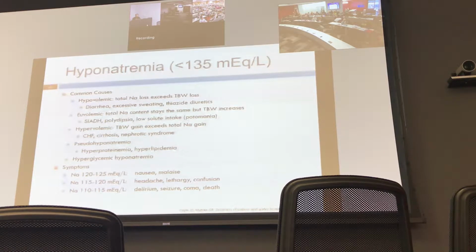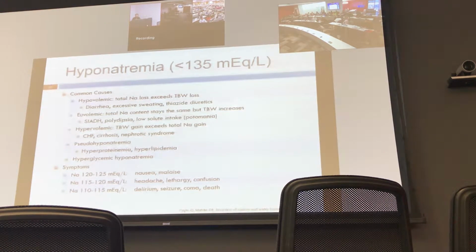So you freely reabsorb your water, and you concentrate your urine to have a lower amount of urine output and maintain that water. So again, caused by a number of things. The treatment for it is actually fluid restriction, and you can also give salt tabs or a number of other different treatments.